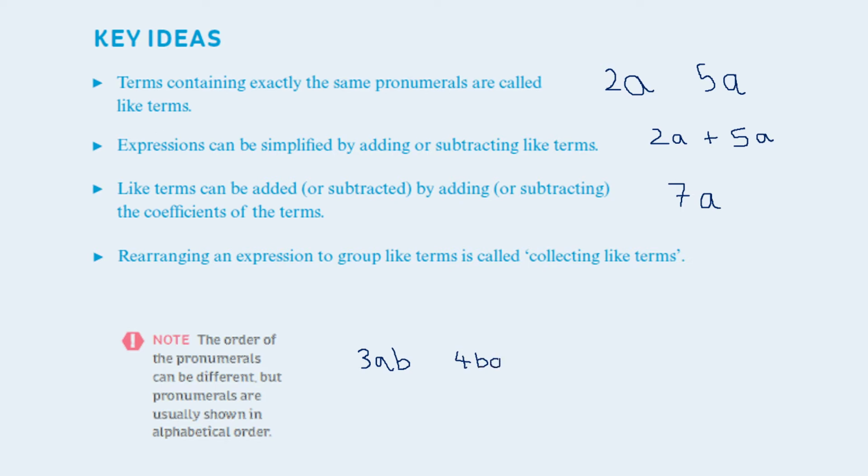Even though the letters are switched around, they still have exactly the same letters. So these would still be like. But here's the note. We usually write the letters in alphabetical order. So we would usually write them like this.